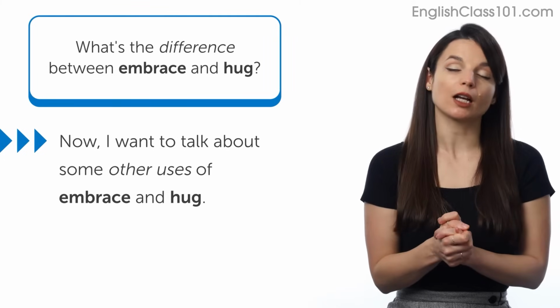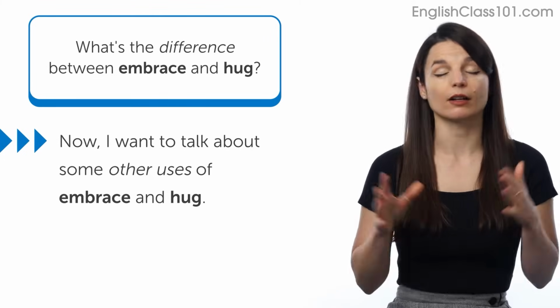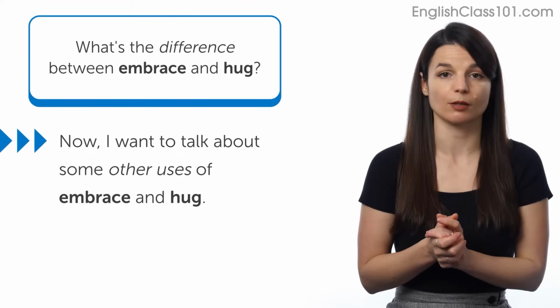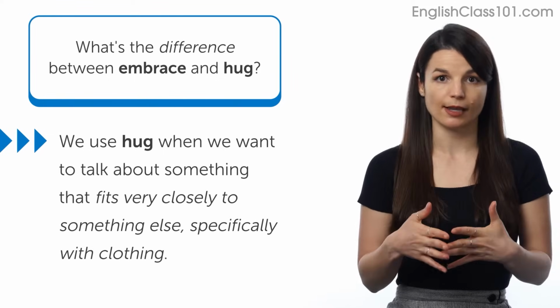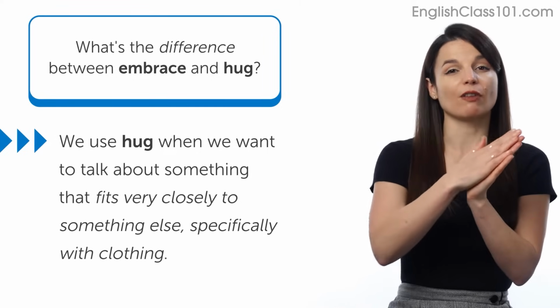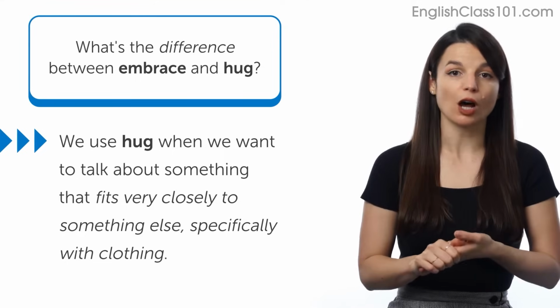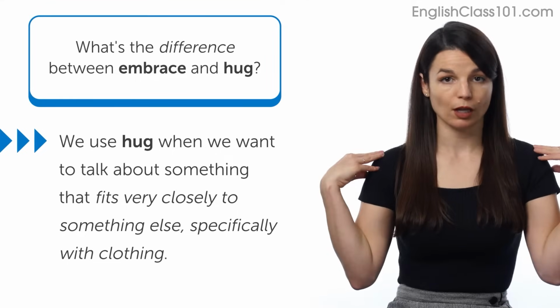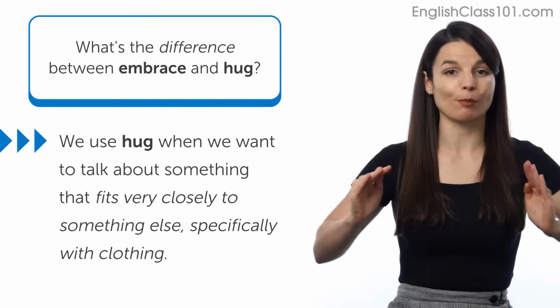Now, I want to talk a little bit about some alternative uses of embrace and hug that are different from the ones that I just talked about. So first, let's talk about the word hug in a different sense. We use hug when we want to talk about something that fits very, very closely to something else. We use this word a lot when we're talking about our clothing. So very fitted clothing we can describe as hugging the body, right?